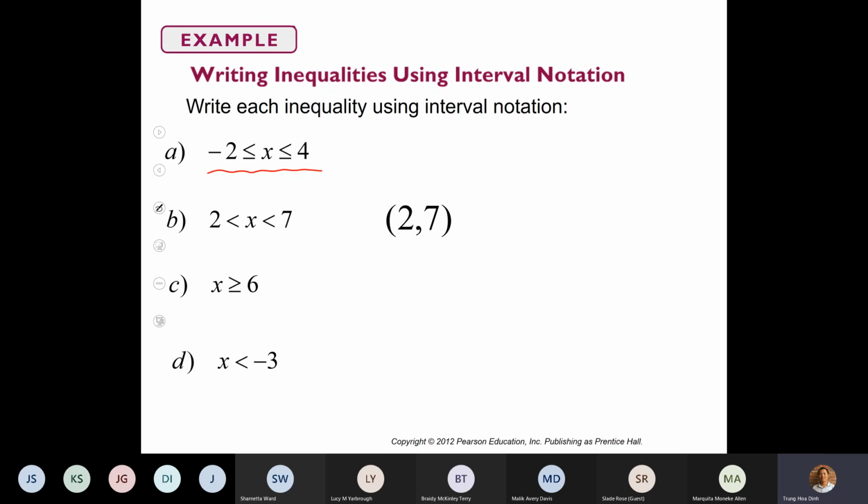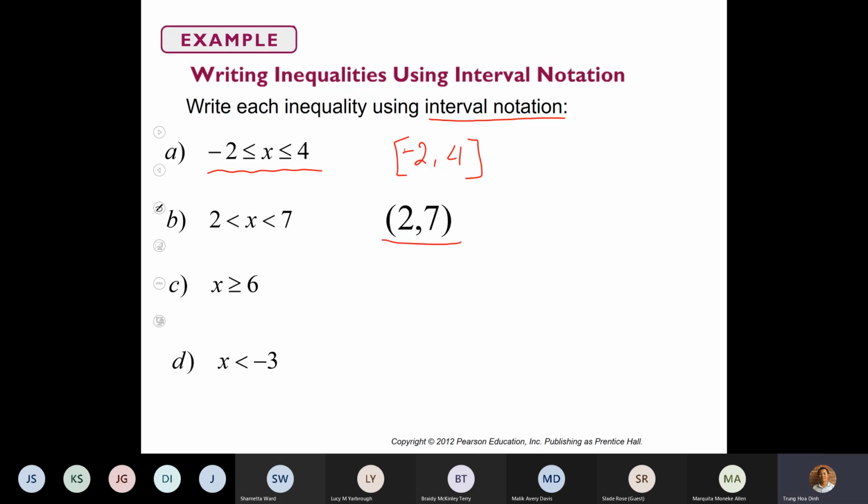So you see that negative 2 and 4 are included. Just practice a little bit and then we get used to it, right? So we use interval notation. I have negative 2 and 4, but negative 2 and 4 are included. So that means this should be a closed interval, right? Closed interval.